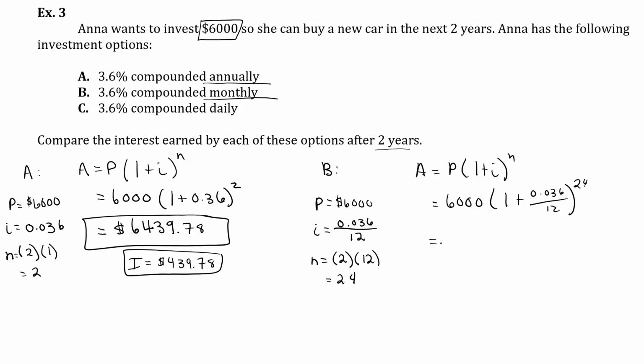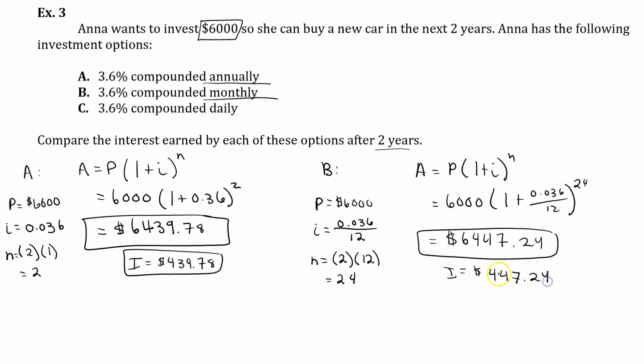When I put that all into my calculator, I get $6,447.24. So that means if we're compounding it monthly after 2 years at 3.6%, we know our interest is going to be $447.24. Which makes a lot of sense, right?